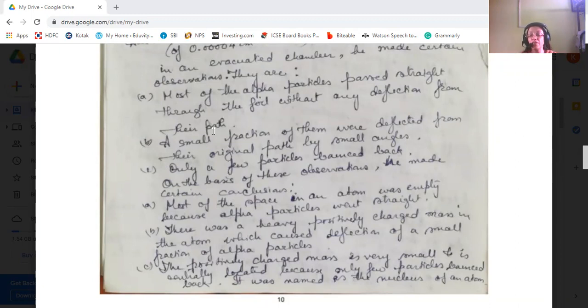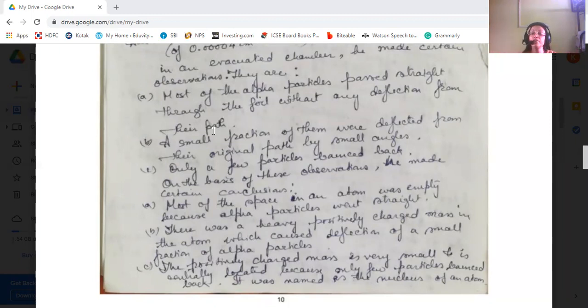Then certain heavy positively charged mass is also present in the atom, which caused the deflection of a small fraction of the alpha particles by small angles.